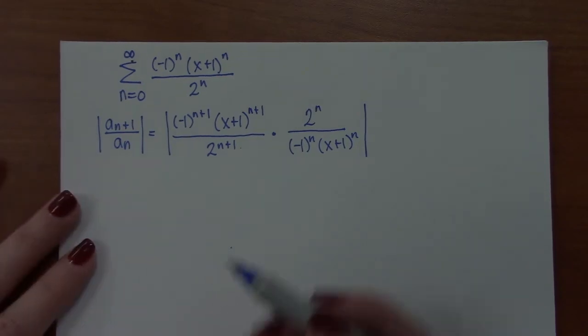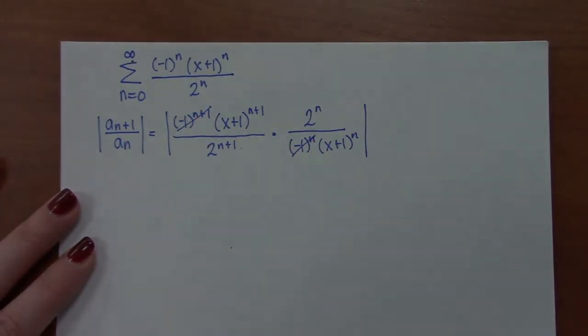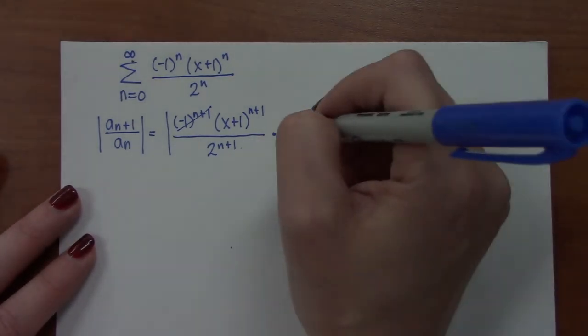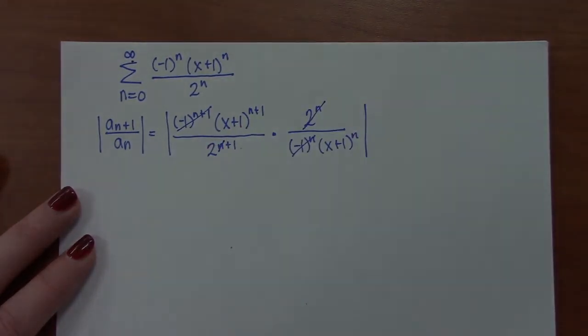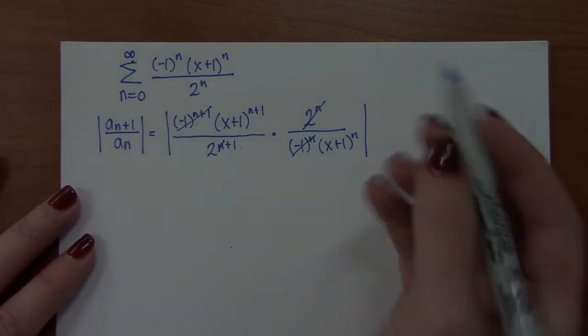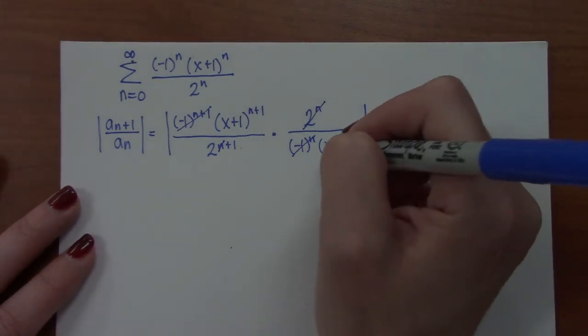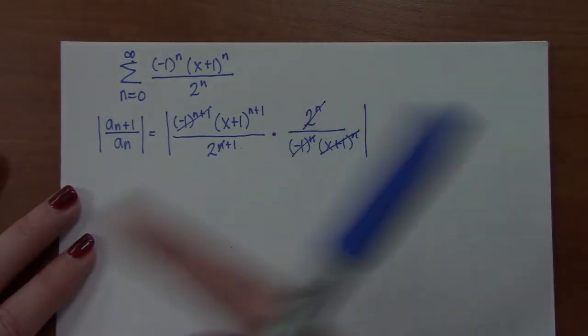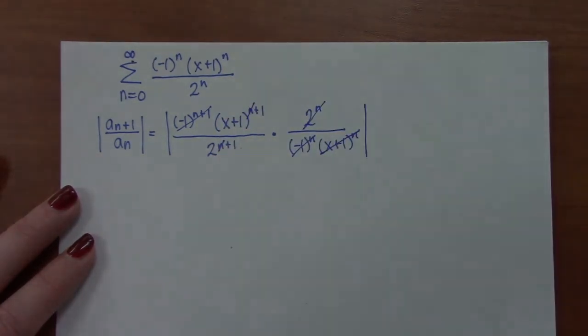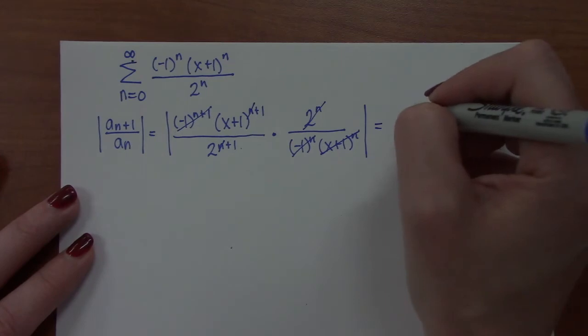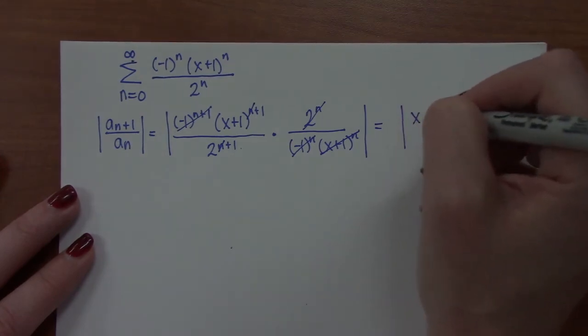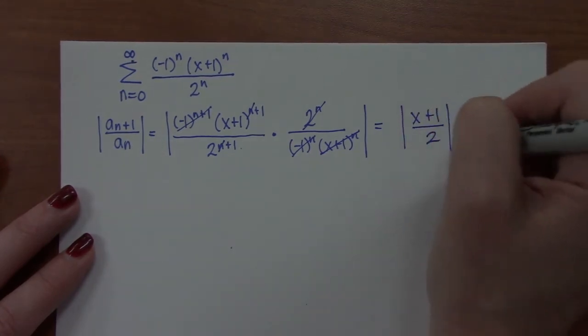So we know these absolute value signs are going to wipe out these -1s, so we can get rid of those right away. We know that 2 to the n is going to cancel the n in the bottom and leave us with 2. And we know that our x plus 1 to the n, excuse me, cancels the n out of the top. So all of this reduces to x plus 1 over 2.